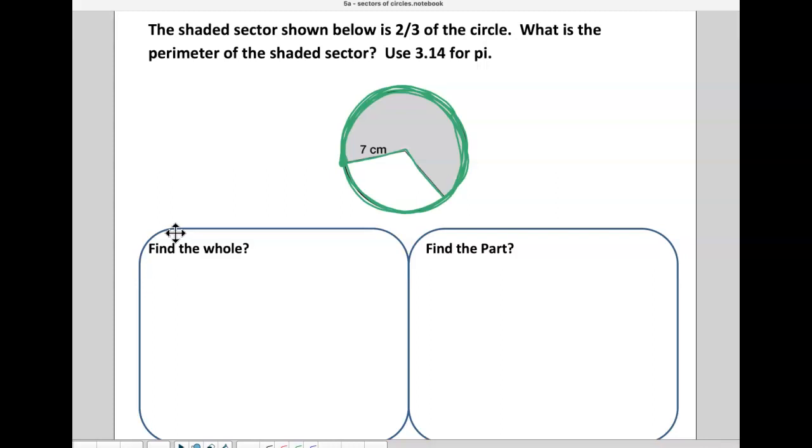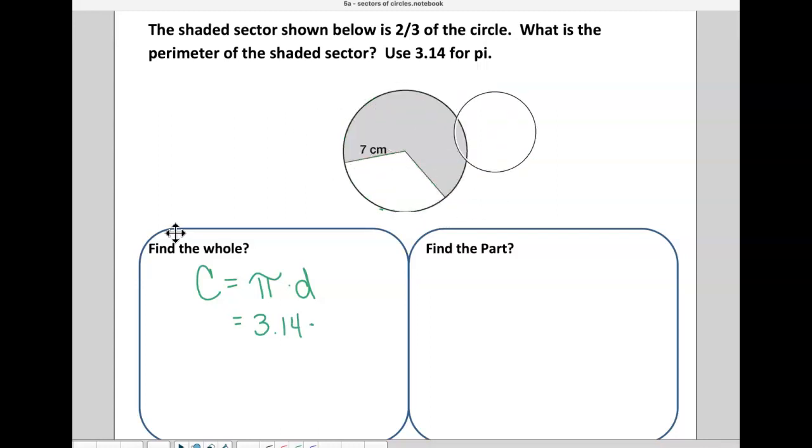Yeah. So we're going to start by finding the whole circumference. C equals pi times diameter. Okay. Pi is 3.14.